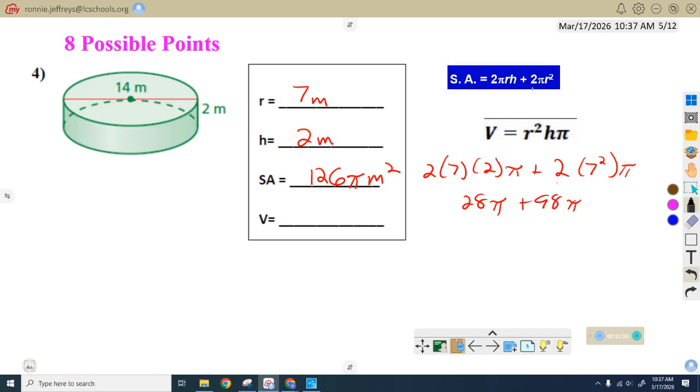What's funny is that this right here, well, that's close. So, no, for this one it's actually the same thing because the height, 7 squared times 2, so 98 pi meters cubed. All right. So 3 and 4 are worth 8 possible points. Okay, please make sure that you're looking at the figures correctly.